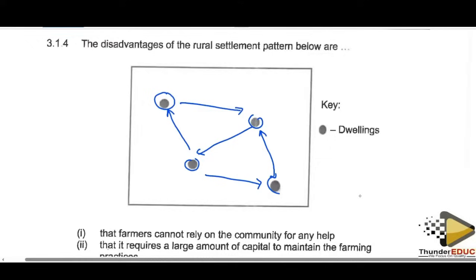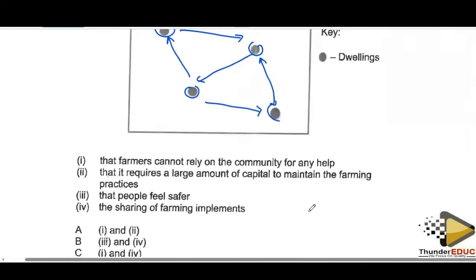Now, if you live in such a settlement, what would be the disadvantages? Let's check. One, the farmers cannot rely on the community for any help, which is true. So if you're in such a settlement, you cannot rely on a neighbor who is hundreds of kilometers away from you.